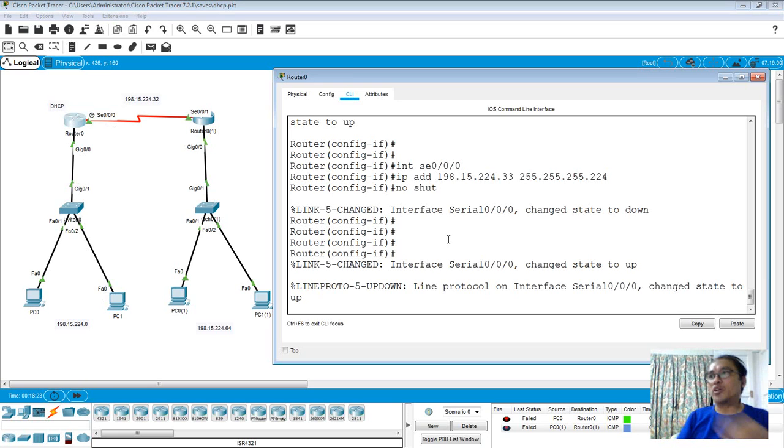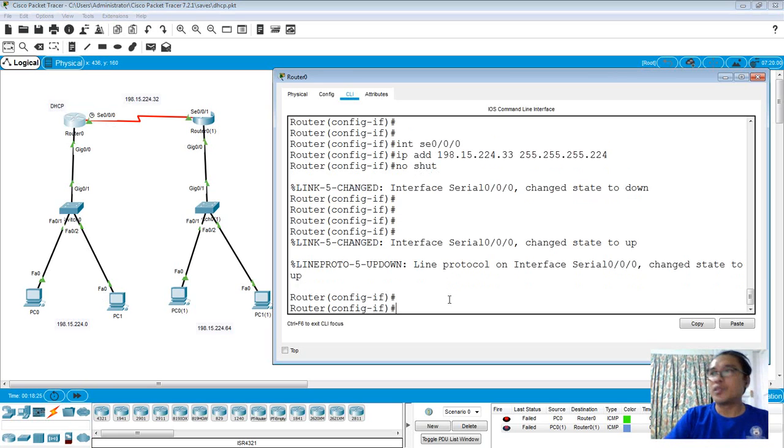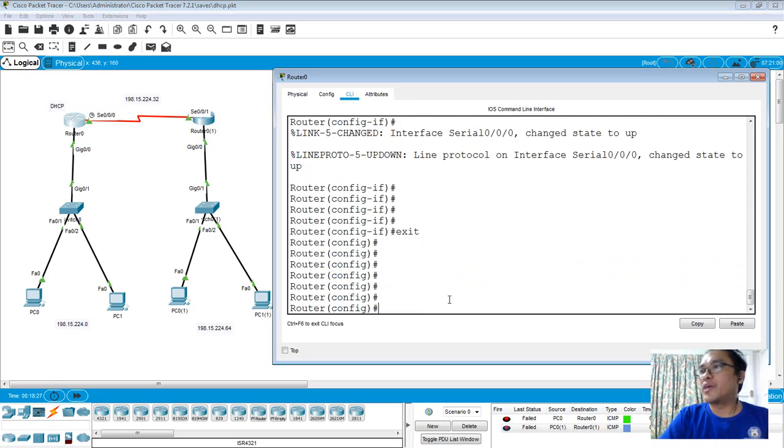So in order for us to configure that, we have to identify what addresses to be involved. So take note that the addresses will be the 0 network and the 64 network. So there will be two DHCP pools.